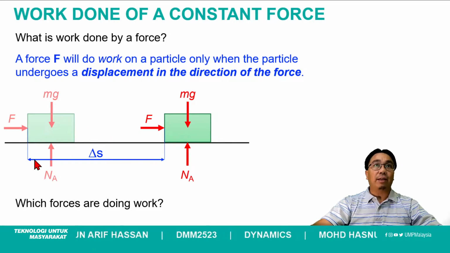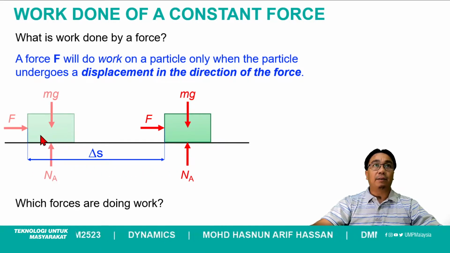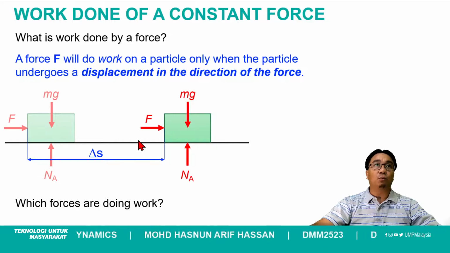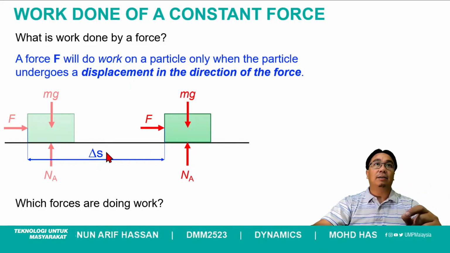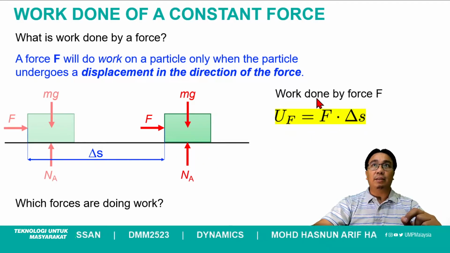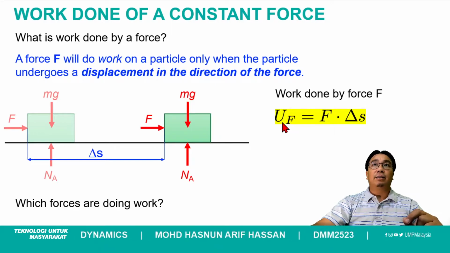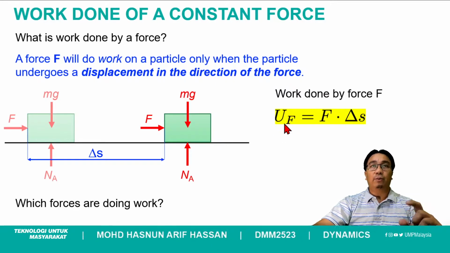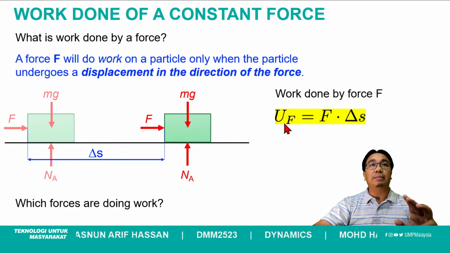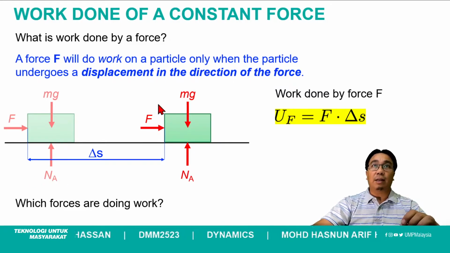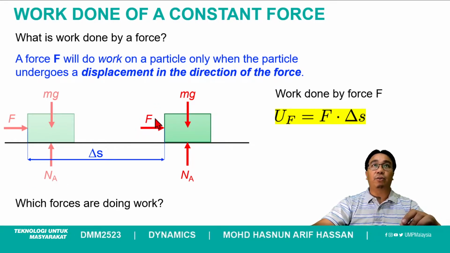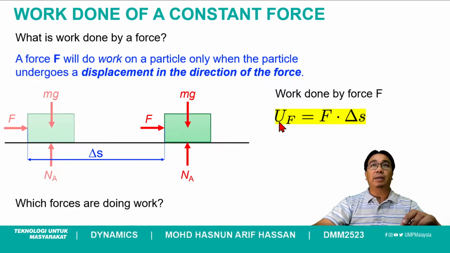Okay, and then you can see there is displacement of the box from position 1 to position 2, ada change of position, delta S. Therefore, work done by force F kita tulis sebagai U. Work done kita gunakan simbol U. So kalau kita bercakap tentang force F, kita boleh tulis sebagai UF.